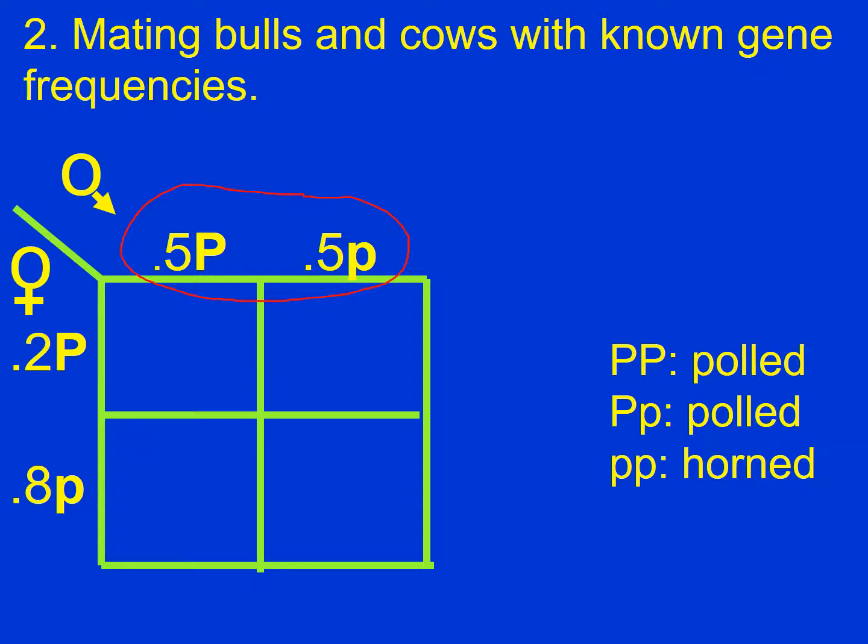And he's being mated to a group of cows. We know in this group of cows, probably because of their pedigrees, that most of them are horned. We've got a few polled animals. In fact, our calculations are that within this group of cows, 20% of the genes are going to be polled, 80% are going to be horned.